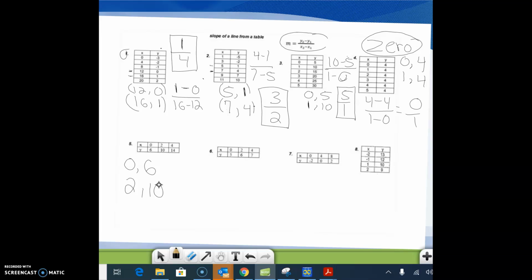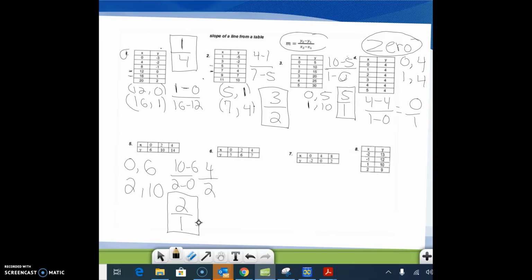All right, 10 minus 6 over 2 minus 0. So 10 minus 6 is 4. 2 minus 0 is 2. Hey, I can reduce that, right? 2 goes into 4 2 times, so 2, or 2 over 1. I always like to write my slope as a fraction, okay?